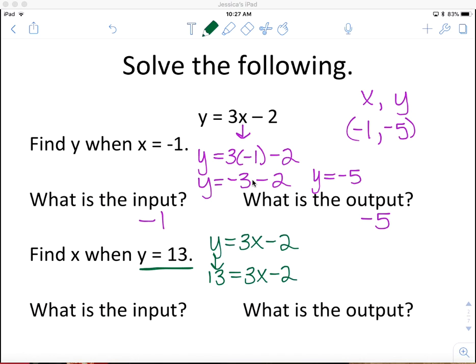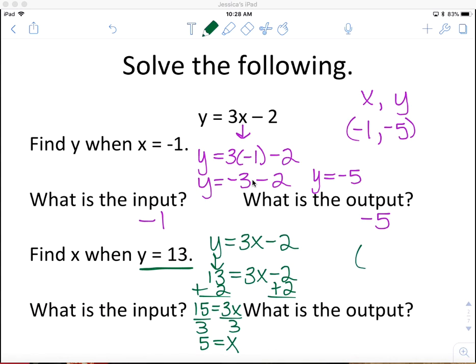We're no longer using order of operations. You're now having to use your solving steps to get x by itself. So your first step is to add 2 to the other side. And if 15 equals 3x, then when I divide the 3 out, I find that x equals 5.